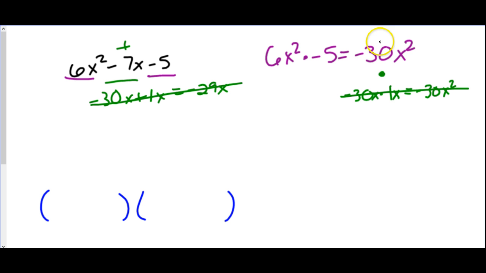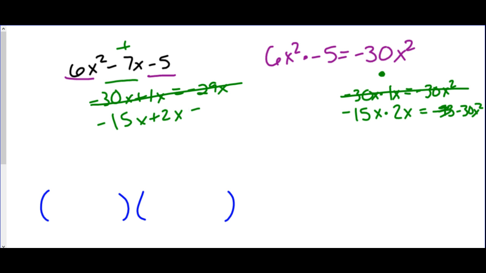So now I'm going to try something else. Negative 30 could also be negative 15x times positive 2x. That would give me negative 30x squared when multiplying. But if I try and add them, this is where my negative 13x comes into play.